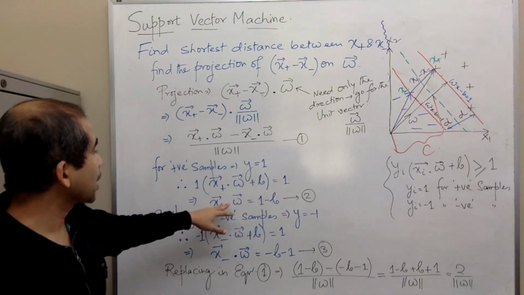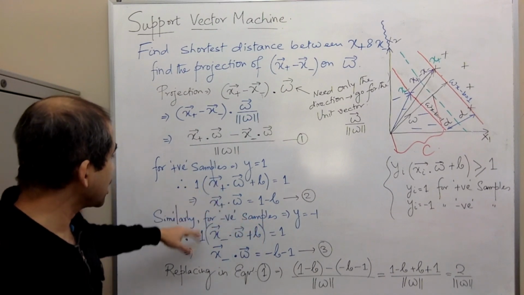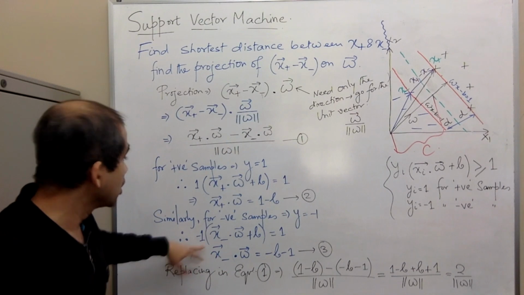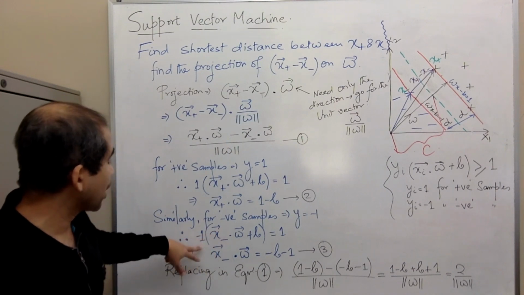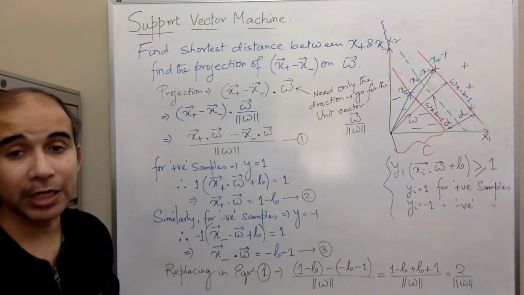So we get x plus dot w equals 1 minus b. Similarly from the other equation, for the negative sample x minus, we multiply by minus 1, and we get x minus dot w equals minus b minus 1.